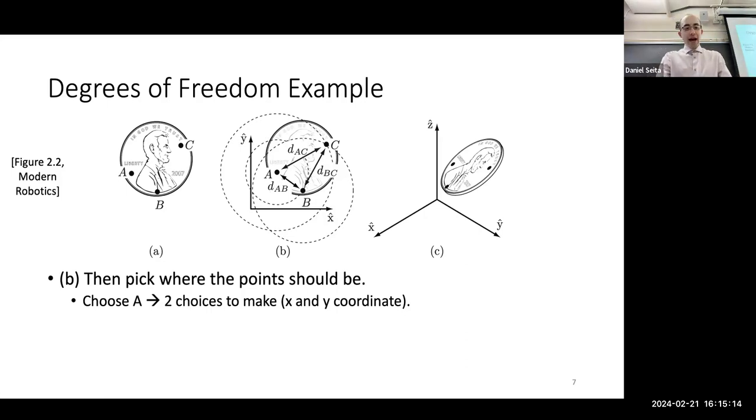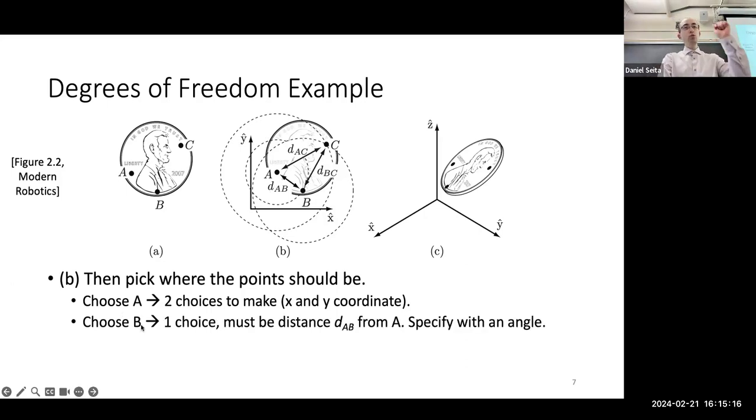So the way to think about that is when we choose B, we have only one thing to specify. Because it must be distance DAB from A, you specify it with a single angle that indicates where B is on the circle that is centered at A.